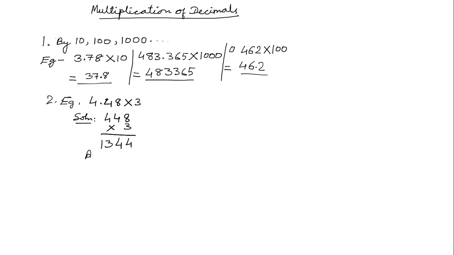Therefore the answer will be 13.44. Now this is how we have to multiply. Actually this is in order to do exercise 5F, which we were supposed to start in our previous online class. We could not do that.